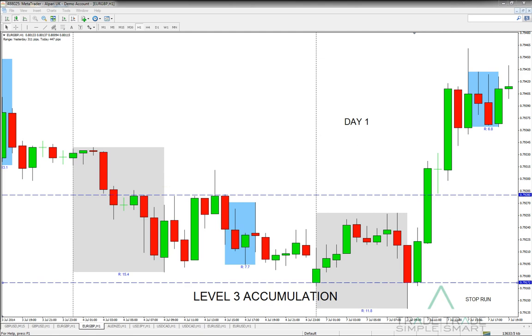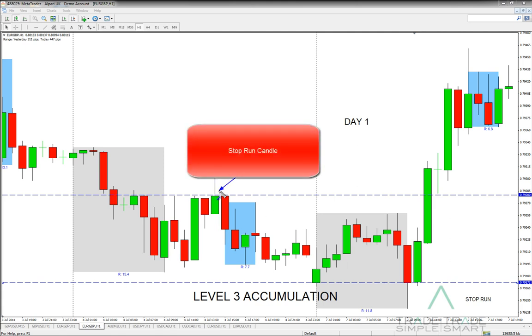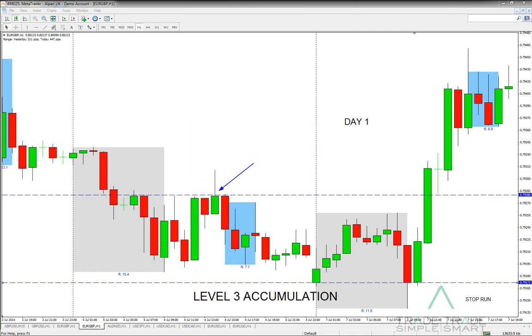Now, one thing I do want to point out is this level here looks like a manipulation point, and to a certain extent it is, because we see here that we have two bars which have caused a high, and then smart money have broken this level with a pin which is aggressively sold to the downside.